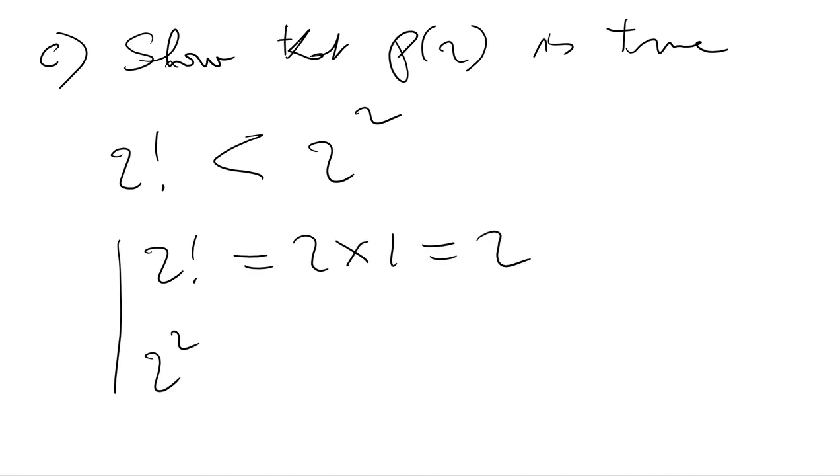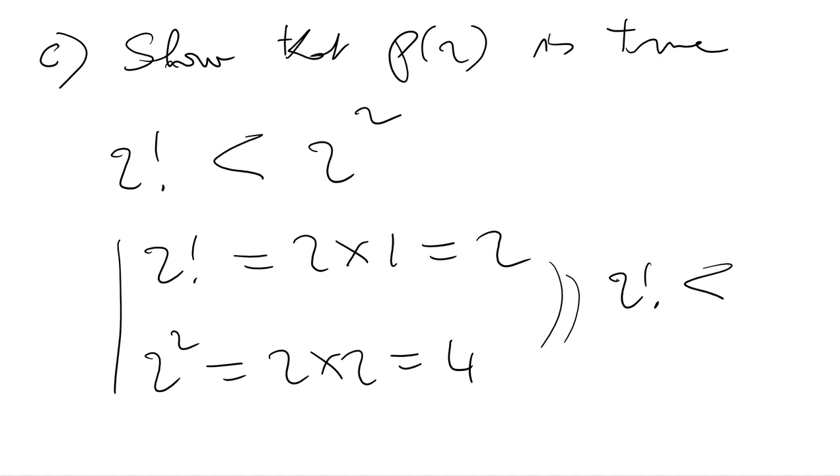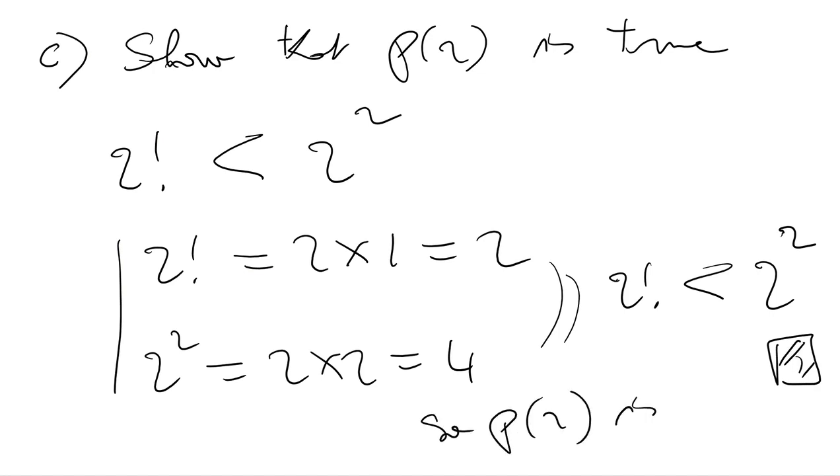And 2 to the second is 2 times 2, which is equal to 4. And from this, you can see clearly that 2 factorial is less than 2 to the second. So we prove that p of 2 is true. So p of 2 is true, right? So we show that p of 2 is true.